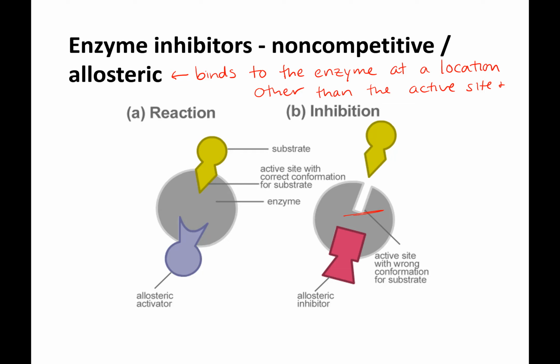So an allosteric inhibitor binds to the enzyme at a location other than the active site, and it prevents the enzyme from working by changing the active site shape. So we have it binding here, and it changes the active site shape so it can no longer bind the substrate.